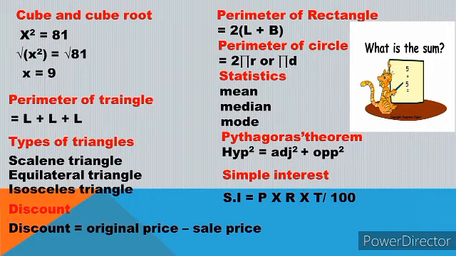That is the simple formula. Then simple interest: simple interest is equal to principal times rate times time over 100. These are some interesting topics we treated this term, just giving you a preamble of some of the formulas and how they look.